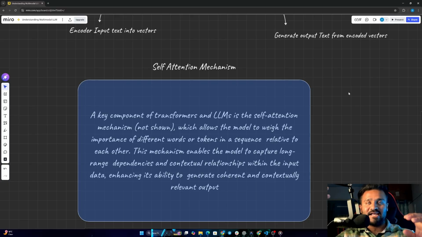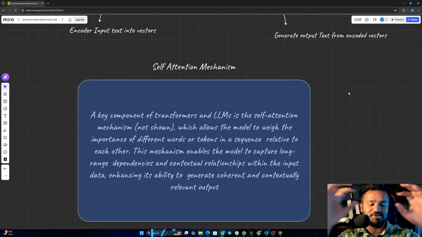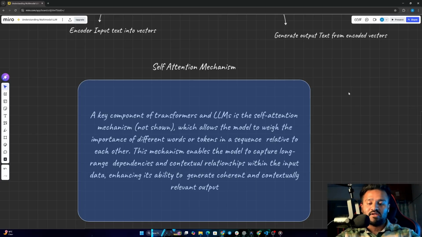Attention finds that this word is related to this word. So it is basically providing some intelligence to the words, that these two words are interrelated to each other. It assigns an importance score, and it basically asks which word should I focus on.